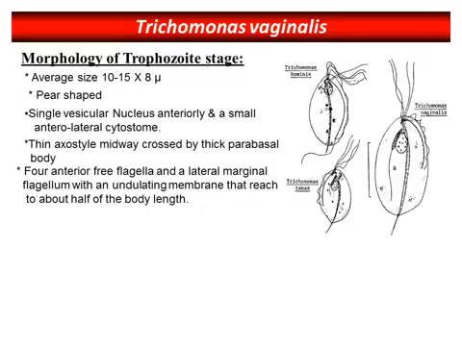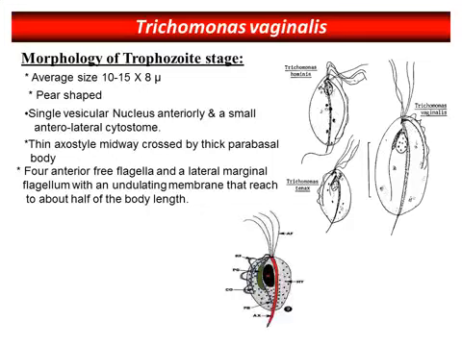The 5th flagellum goes back and is attached to the body to produce the undulating membrane. This is the undulating membrane, and this is a drawing of Trichomonas vaginalis.